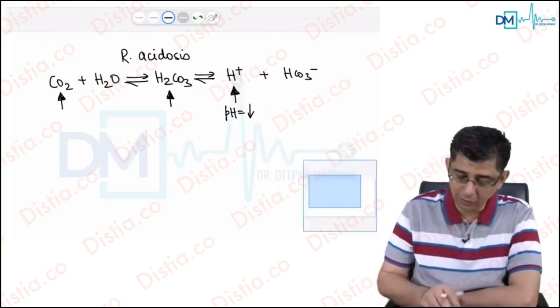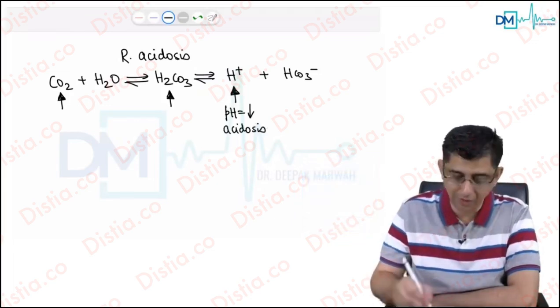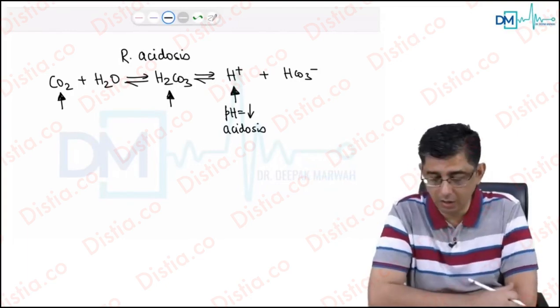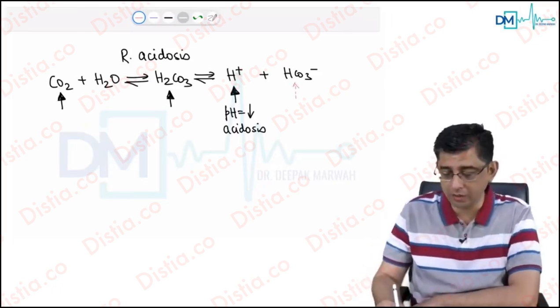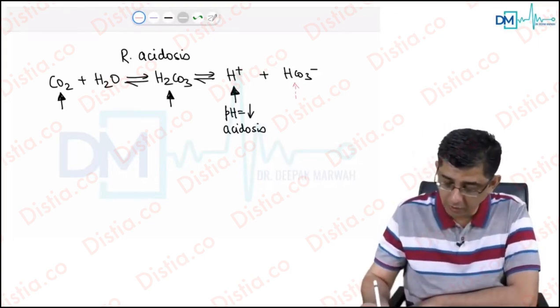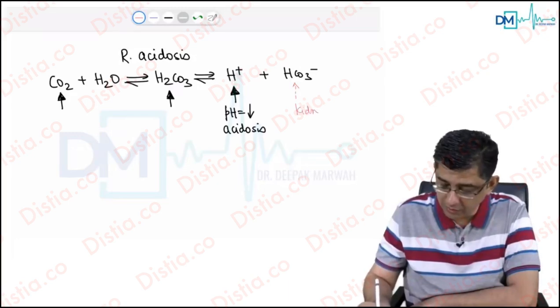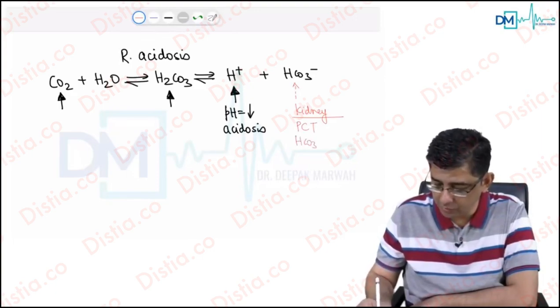Now, once you have an acidosis developing in the patient due to a respiratory problem, which is causing the carbon dioxide value to increase, you should be having a compensatory increase in the value of bicarbonate to neutralize the increase of hydrogens. This bicarbonate increase will be courtesy of the kidney. The proximal convoluted tubule of the kidney is capable of alkali reabsorption.